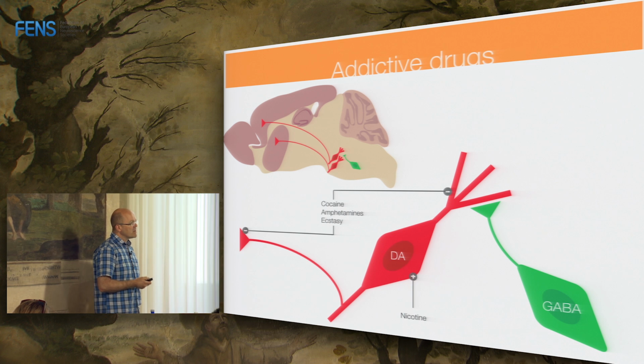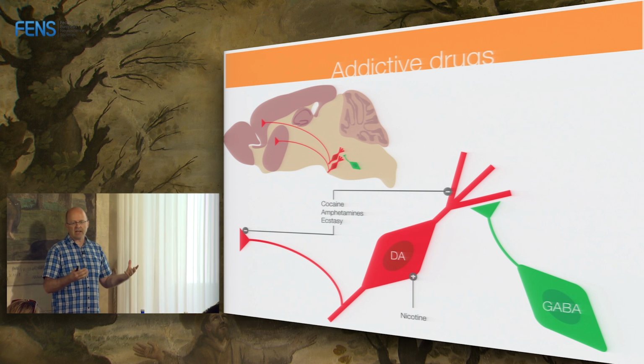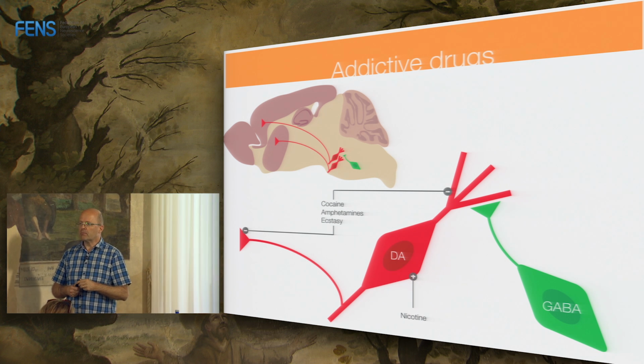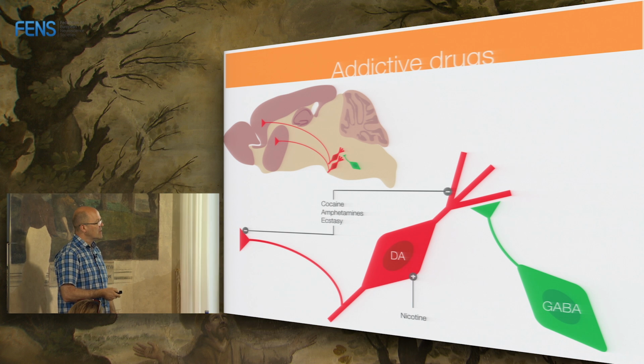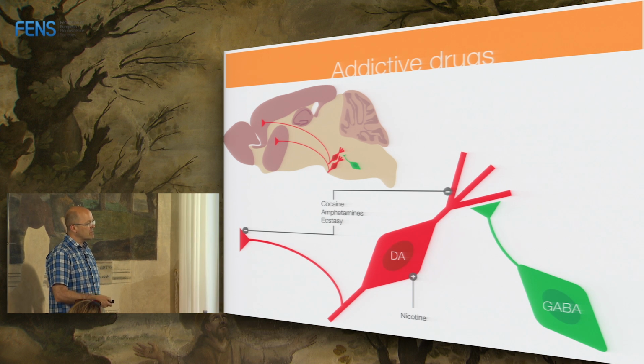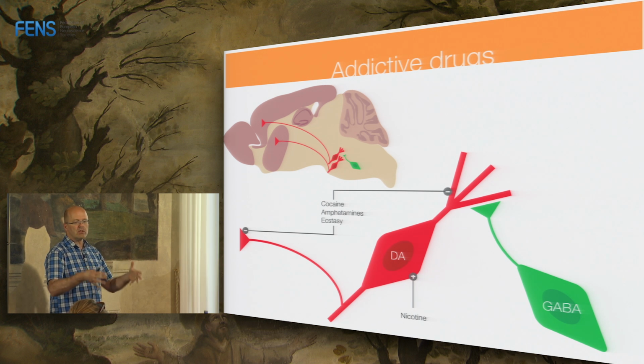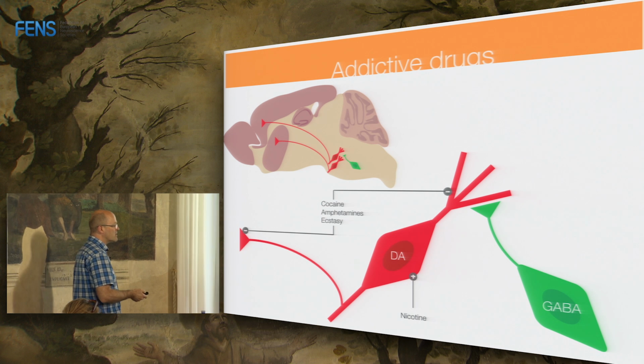So this is a mechanistic classification that we have proposed together with Mark Angles, where we take into account the very simple circuit diagram of the VTA, neglecting many things, but this is what we think is the minimally required computational unit to explain the effect of drugs.